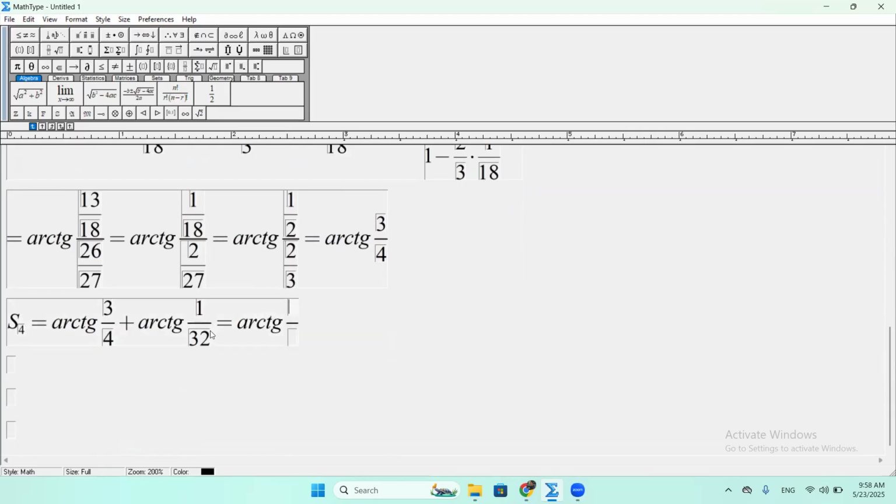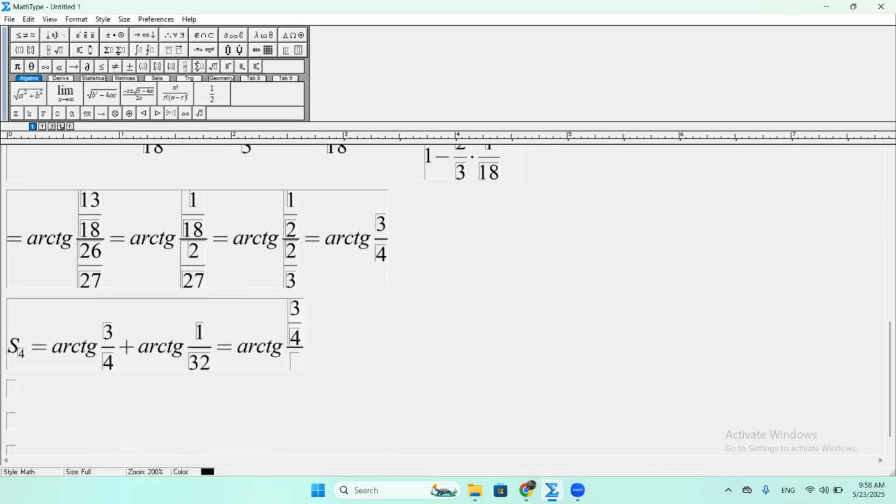So calculating it: 3/4 plus 1/32, divided by 1 minus 3/4 times 1/32.